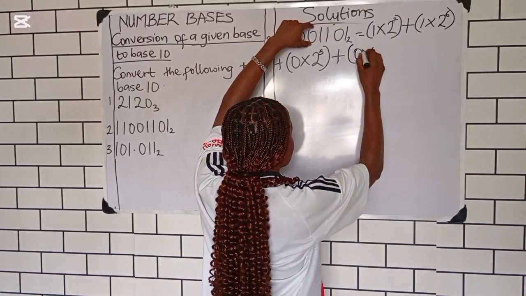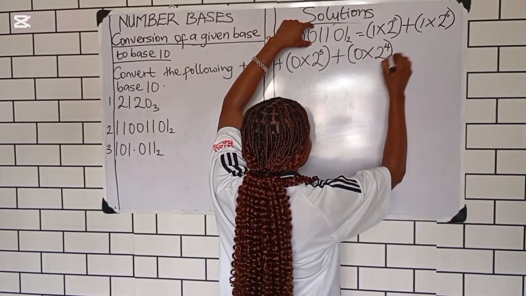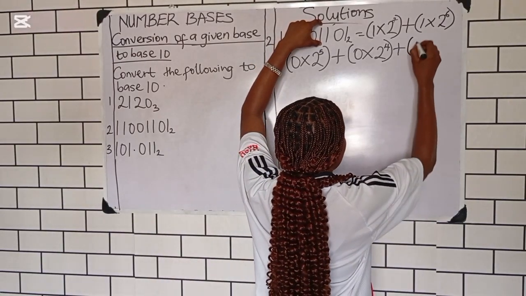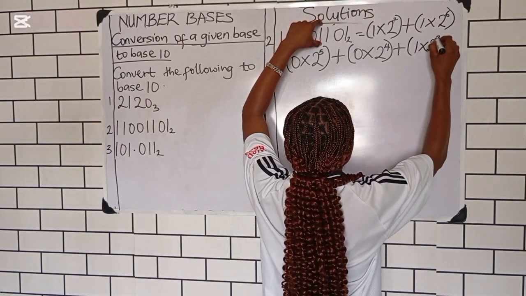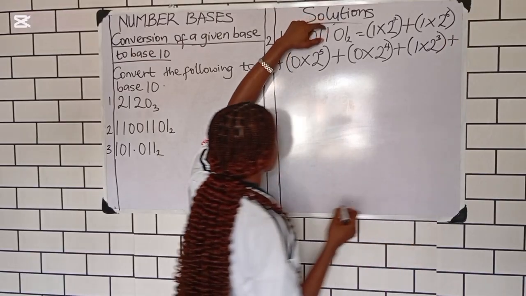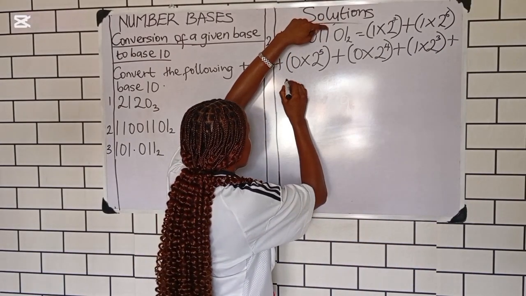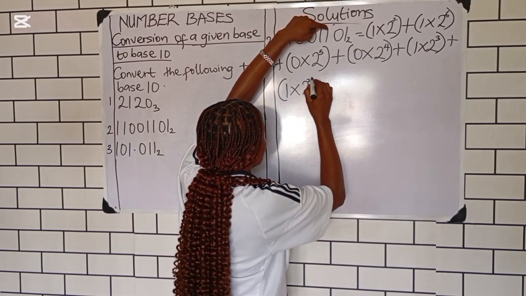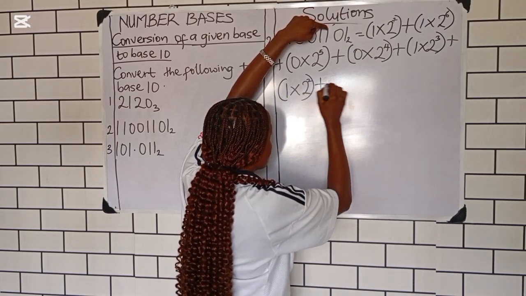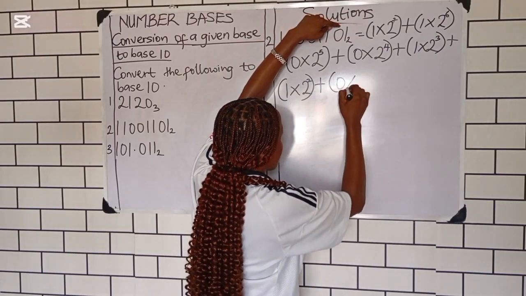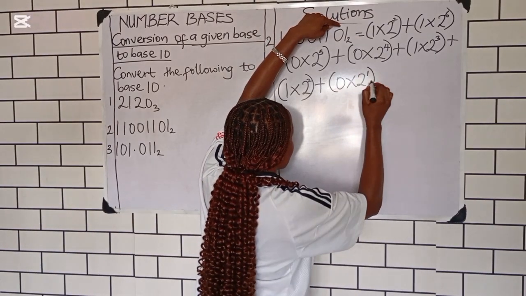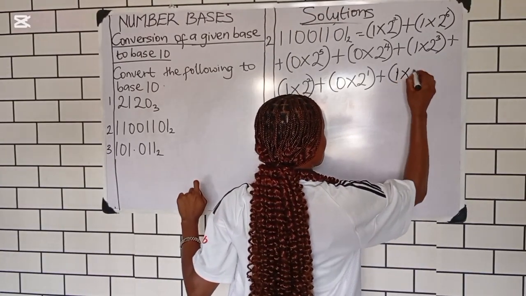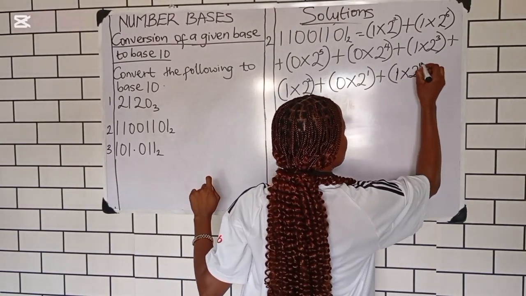Have your 0 times 2 raised to power 4, plus the next number here, we have 1. 1 times 2 raised to power 3, close bracket, plus the next number is 1 again, bracket, 1 times 2 raised to power 2, close bracket, plus the next one is 0. 0 times 2 raised to power 1 plus, and the last digit here is what? 1. We have 1 times 2 raised to power 0.